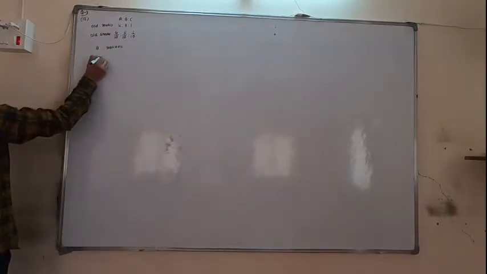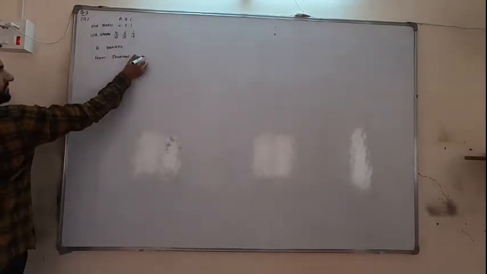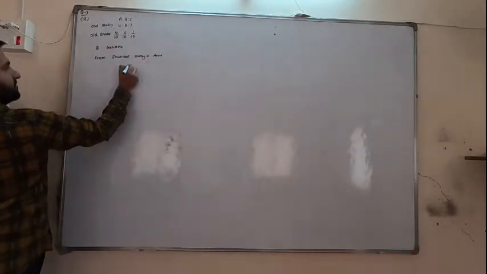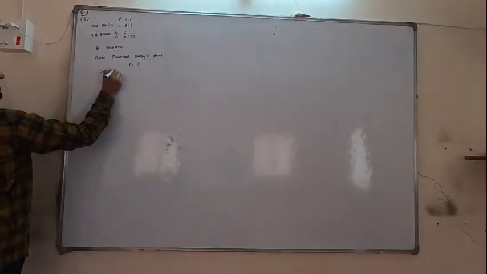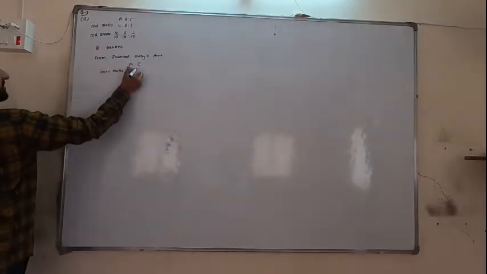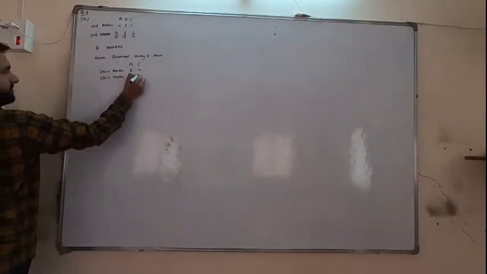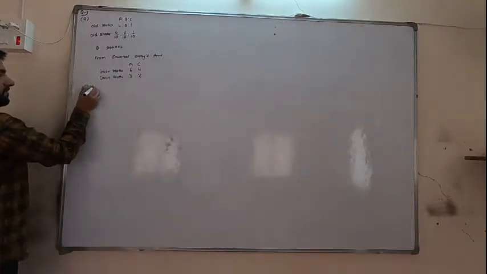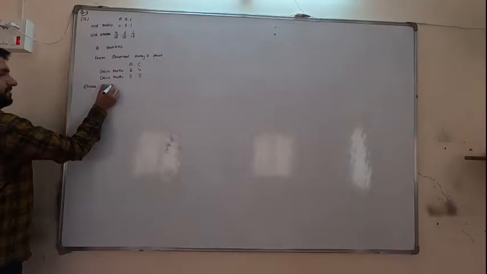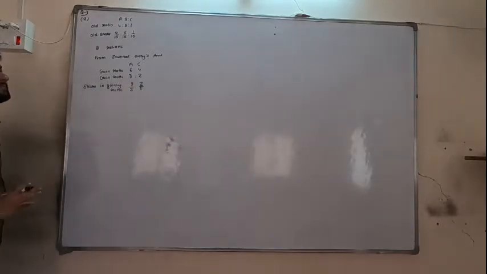Then from journal entries amount, A is to C. Gain ratio 6:4 or gain ratio we can say 3:2. So share in gaining ratio would be 3/5 and 2/5.